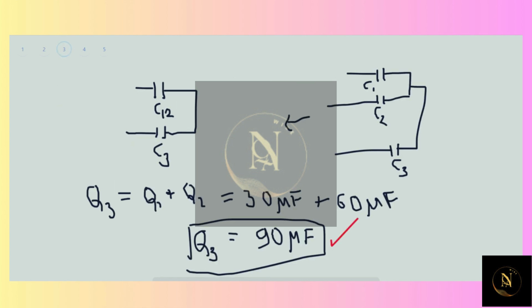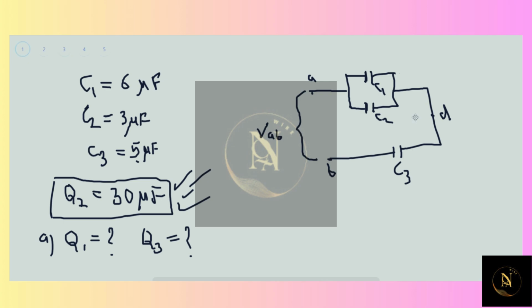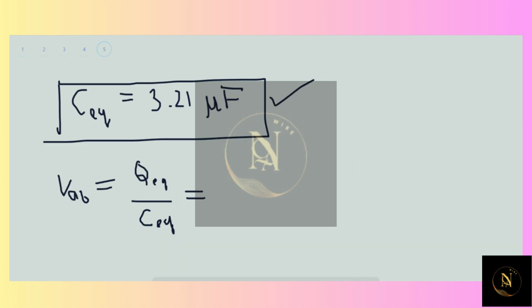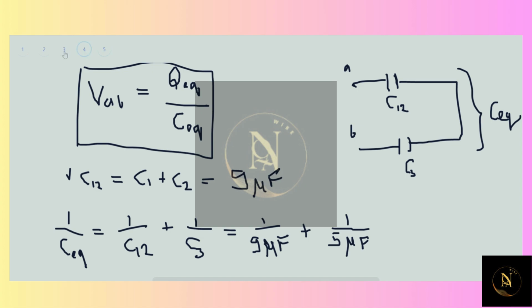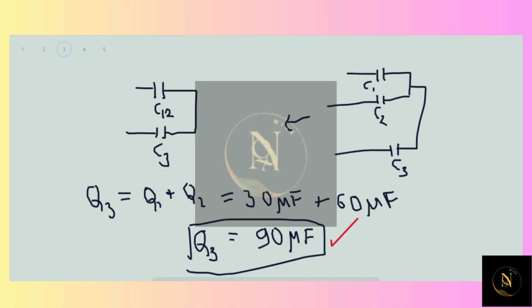As you can see in this part of the circuit, the total charge between the points A and B is equal to the charge across capacitor C3, which we already found. The charge across capacitor C3, Q3, is 90 microcoulomb.